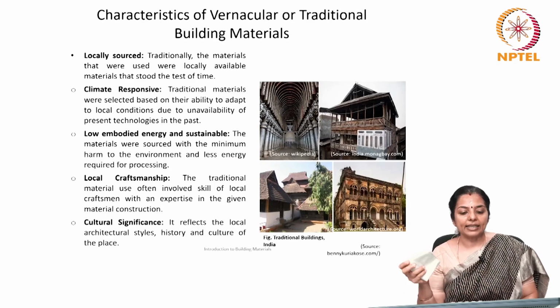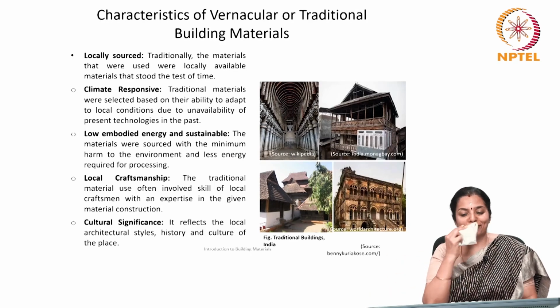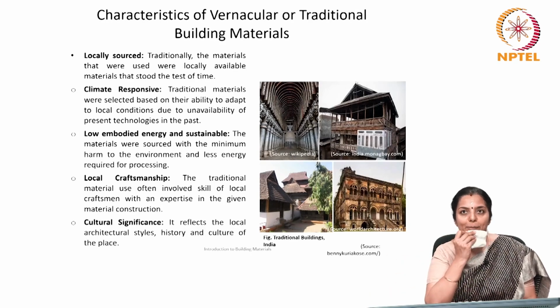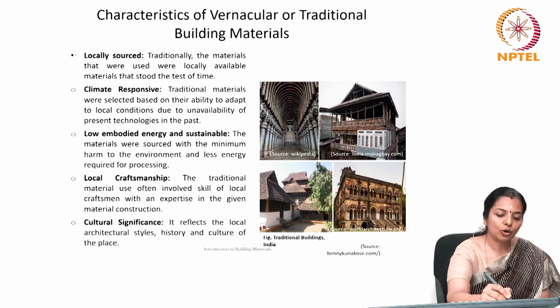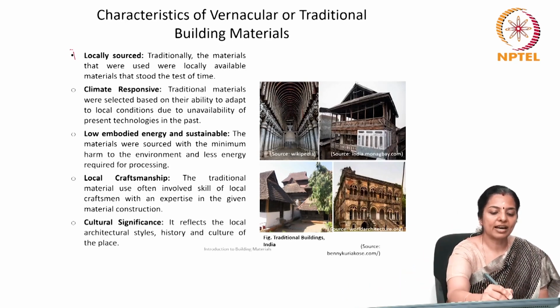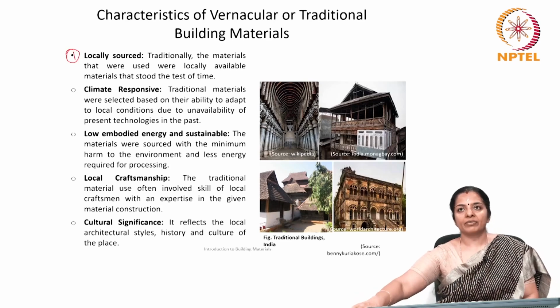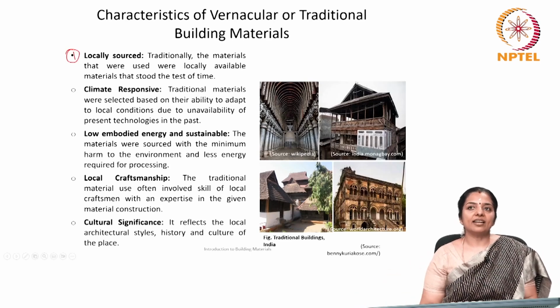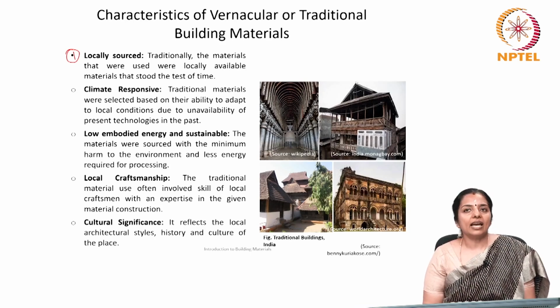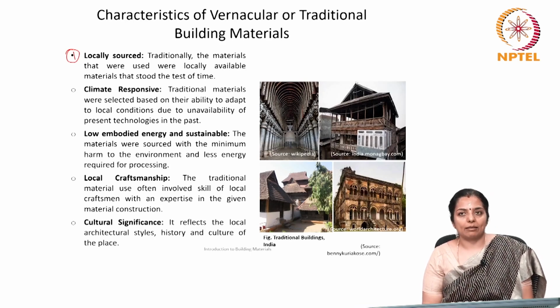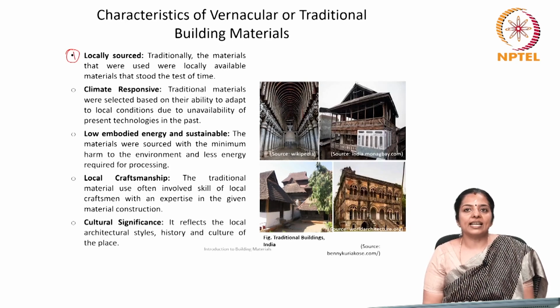Let us now look at the characteristics of vernacular or traditional building materials. These materials are first locally sourced, so they are very context specific. Traditionally, these available materials have stood the test of time, and have enduring qualities that make them stand out in construction.